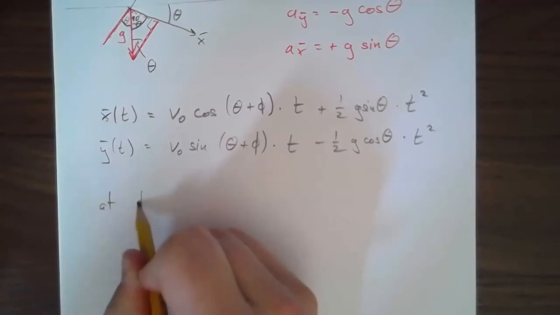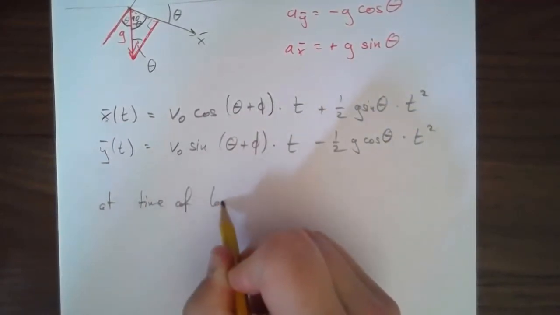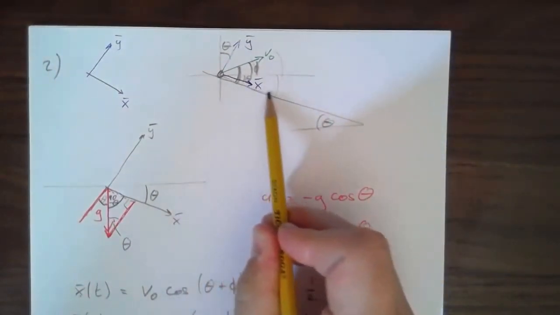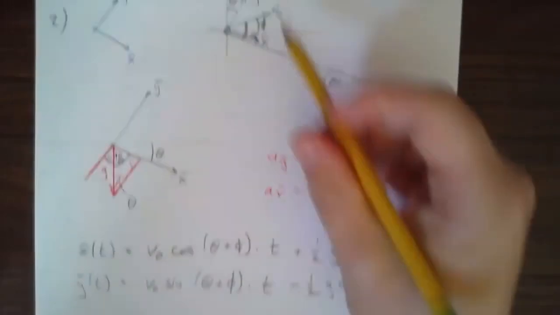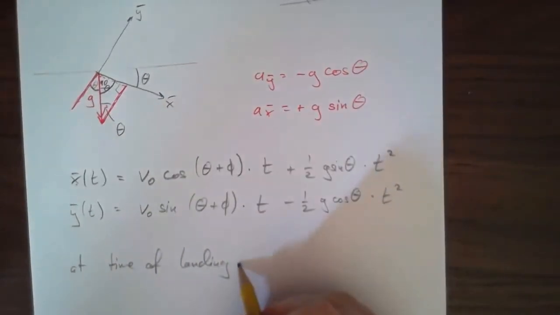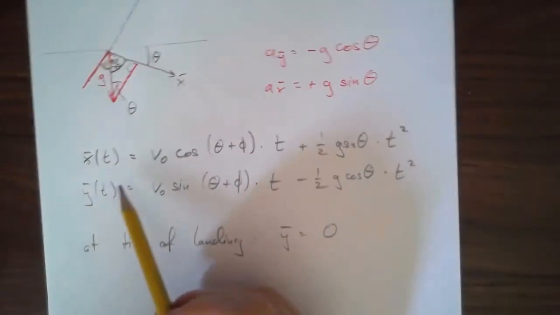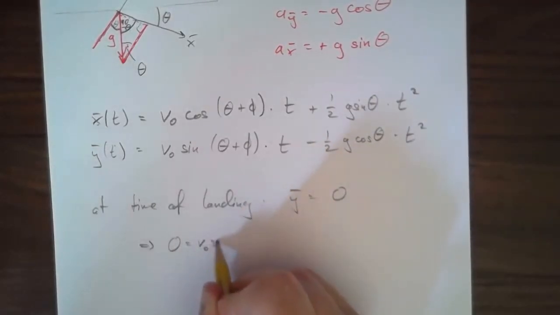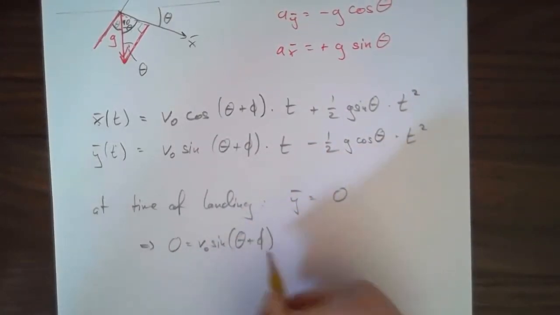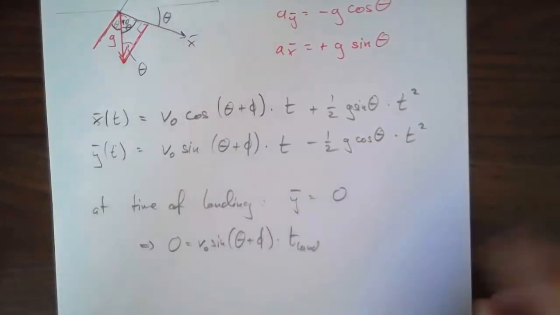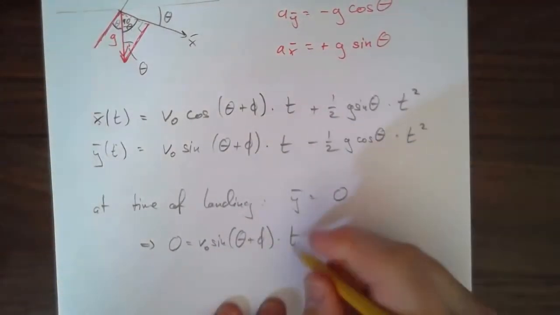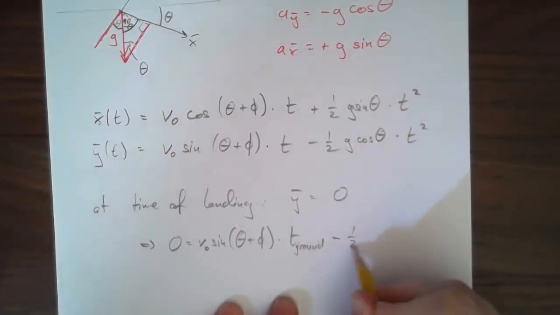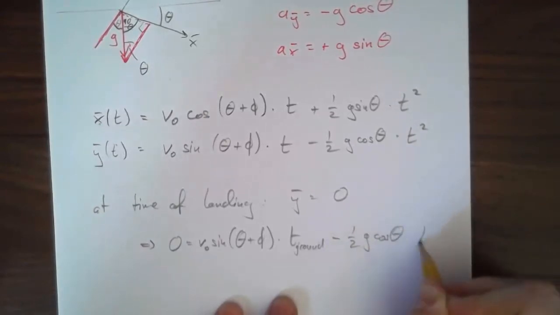Well, at the time of landing, now it's easy again, because I'm just landing on the x bar axis, where y bar equals 0, so I can plug 0 into here. 0 is equal to v naught sine theta plus phi times t ground, that's what we called it before. The time should be the same, unless I made a mistake somewhere. Minus 1/2 g cosine theta t ground squared.